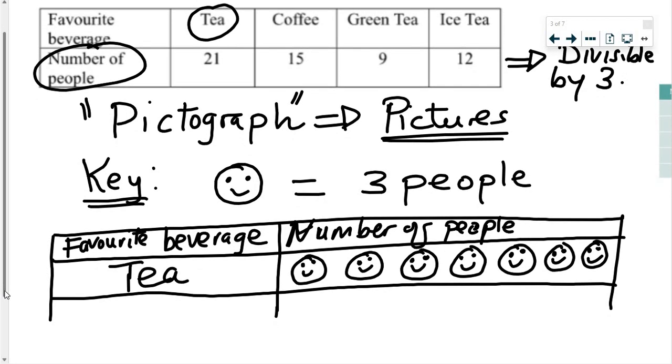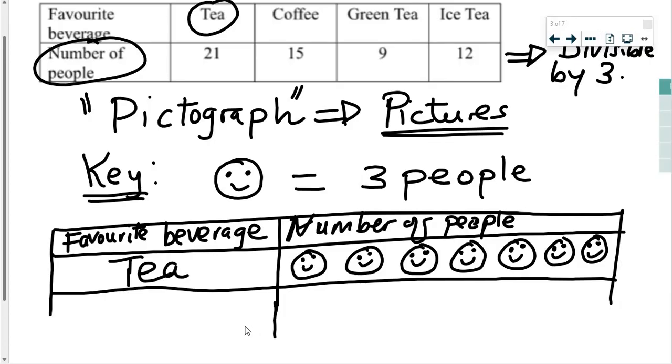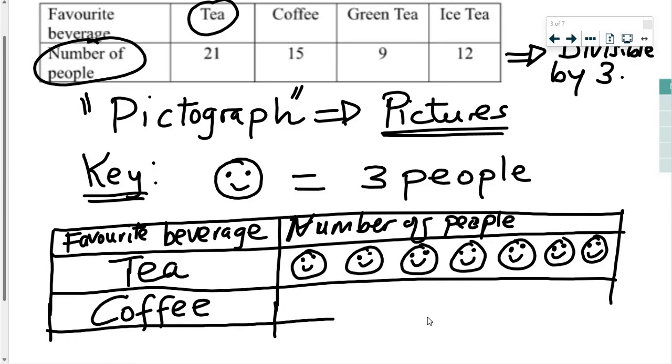Then next we go for coffee. So you write coffee like this. Make a border. And then do 15 divided by 3 equals 5.